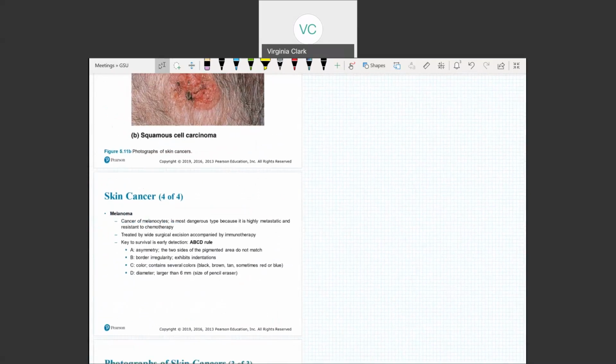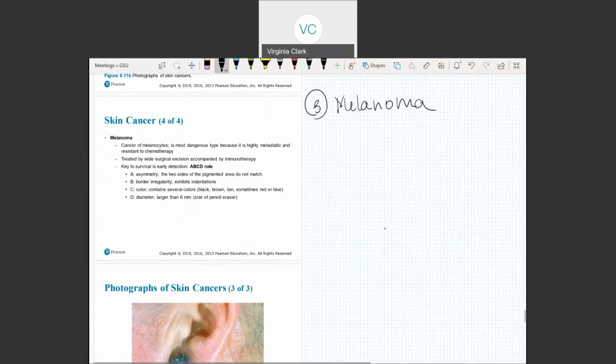And then the third type of skin cancer is the most dangerous, melanoma. Now that we have learned all about melanin, this is where melanoma comes in. This is actually cancer or overgrowth of your melanocytes.